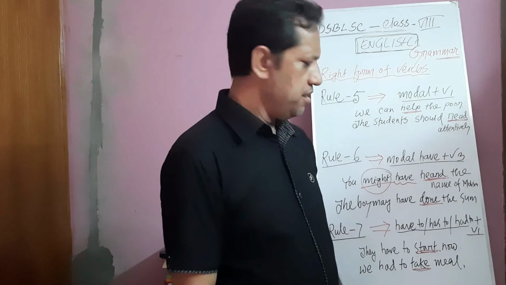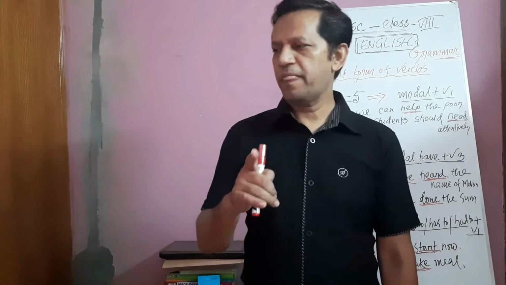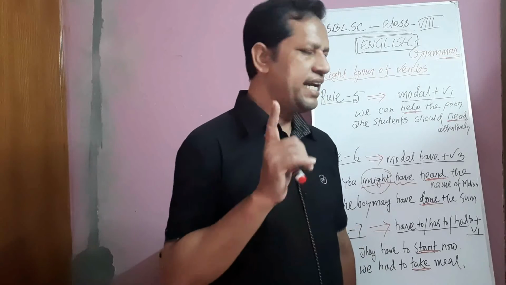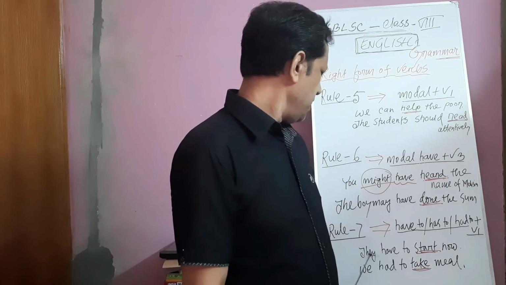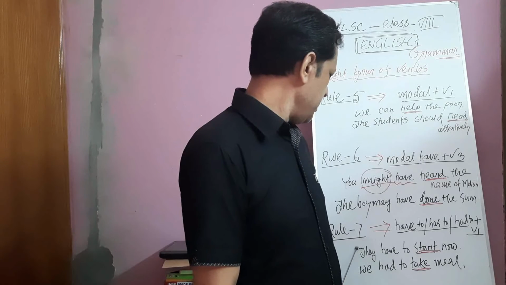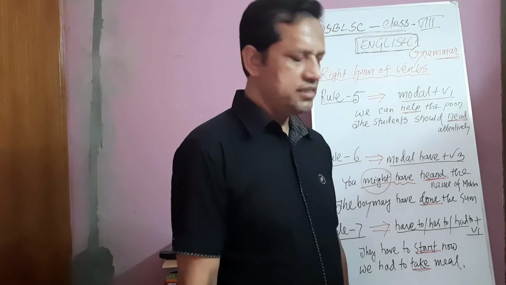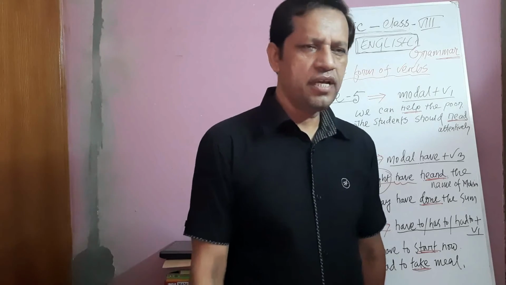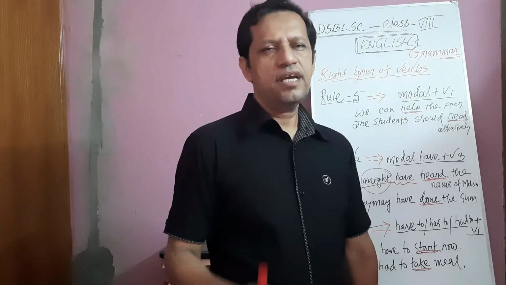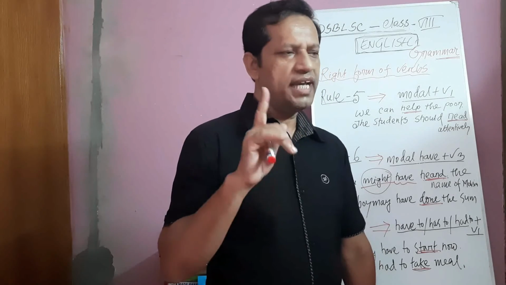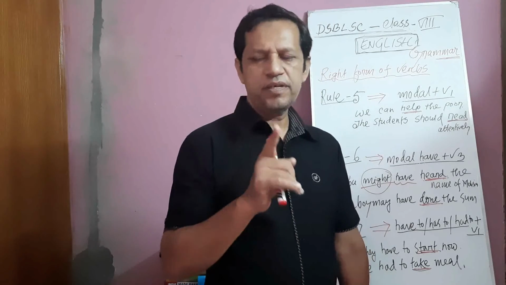Here there is another rule, rule 7, have to, has to or had to. After the subject, and in my last class about have, has or had, I told you that have, has or had may be used as main verb or helping verb.